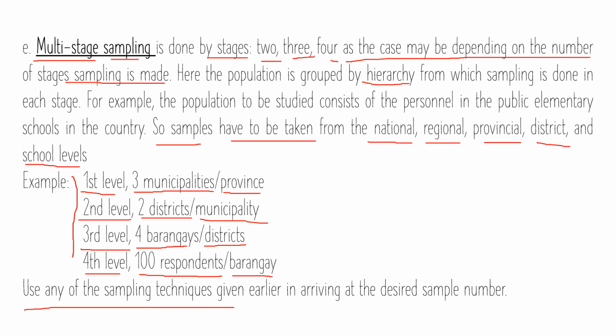Next question is, what are the applications of multi-stage sampling? Multi-stage sampling is applied mainly to these areas. First, a multi-stage design where the population is too vast and researching every individual is impossible.